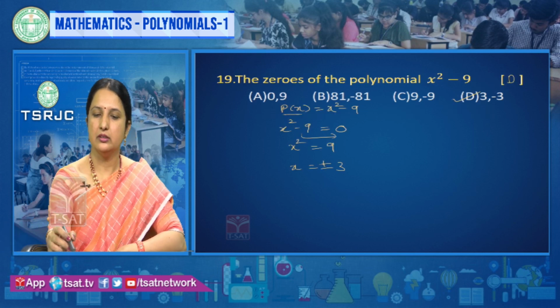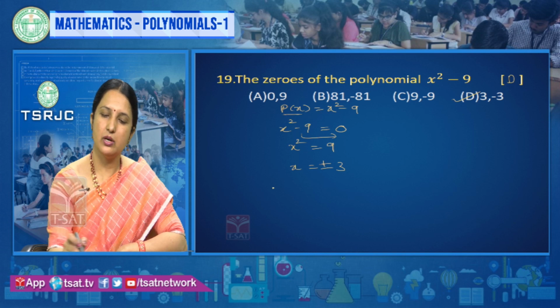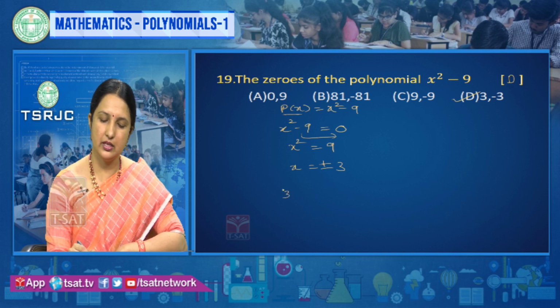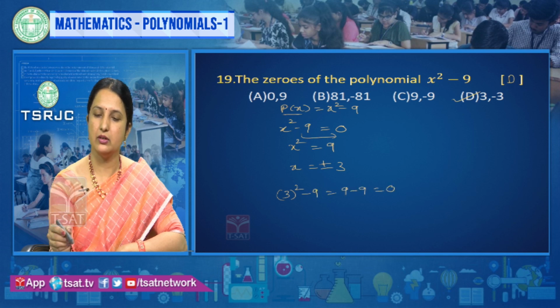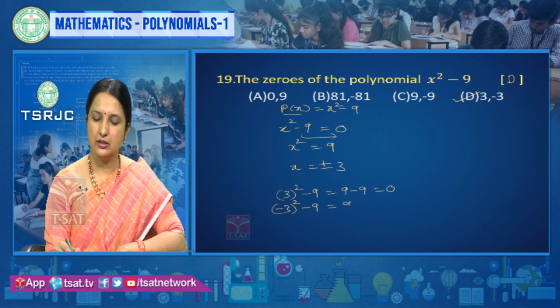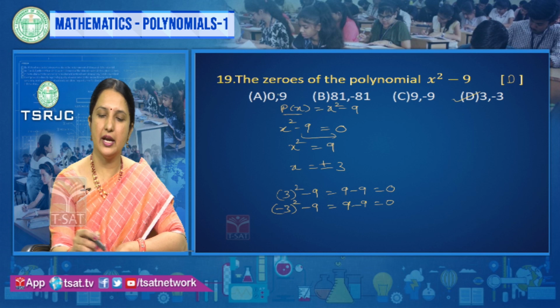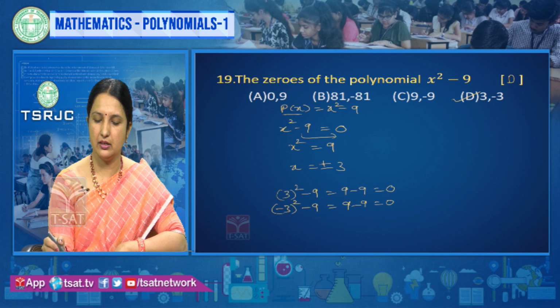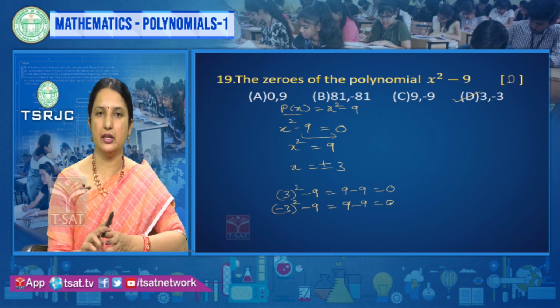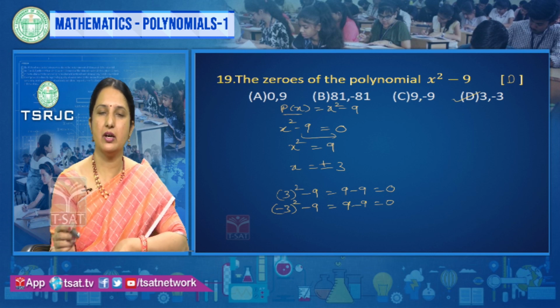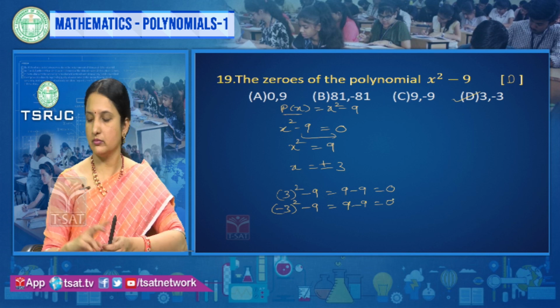Substitute 3: 3 square minus 9, 9 minus 9 equals 0. Substitute minus 3: minus 3 square minus 9, an even power gives positive, 9 minus 9 equals 0. If you write 0, 0 square is 0, 0 minus 9 is minus 9, but you should get 0 only. So for the remaining values you will not get 0.